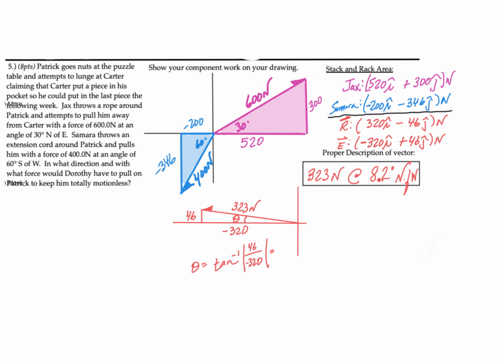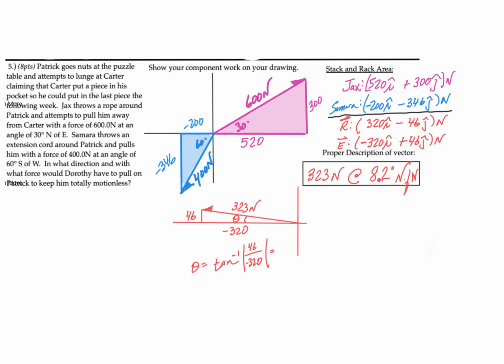Okay, we already went over this one in class last week. But there will be an equivalent problem on there, something similar to this. You can't do this one head to tail, of course. You have to do this one with components, stack and rack. So I roofs and J roofs. Remember that 600, and the angles are always going to be from the horizontal.